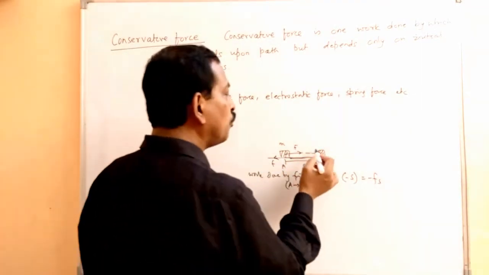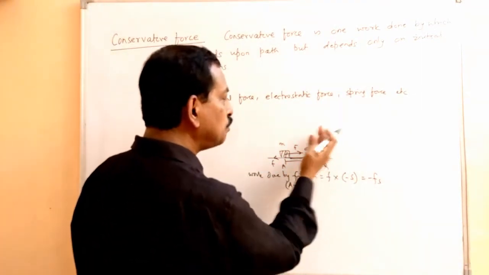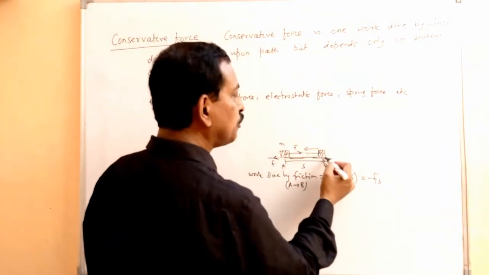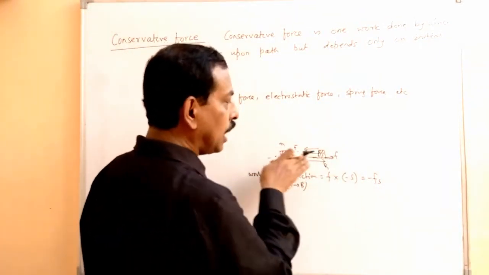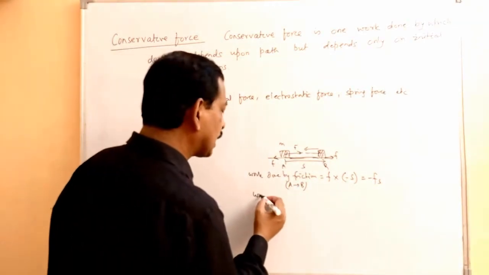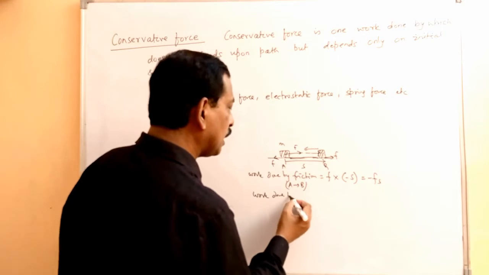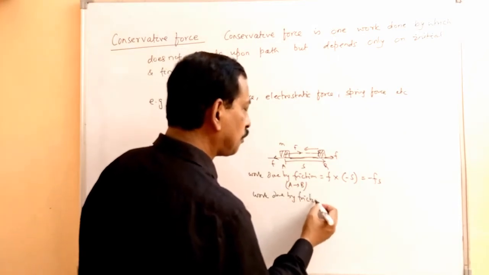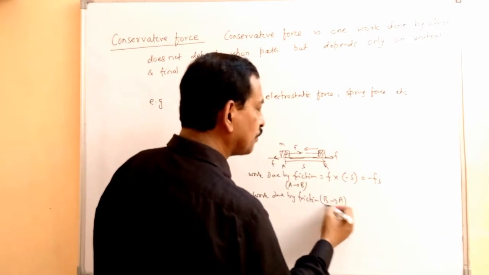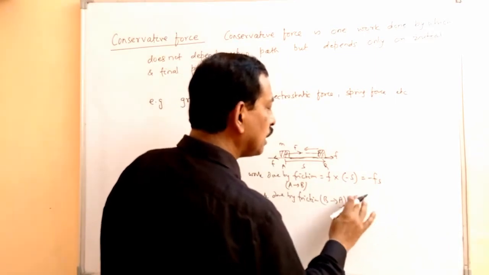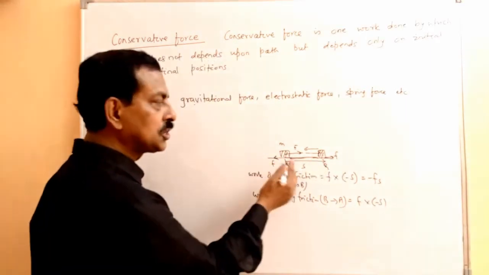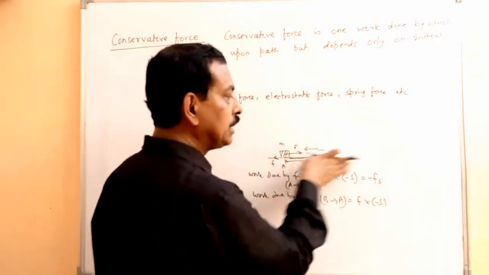And now we are moving this again from B to A. When you are moving it from B to A, in which direction will the frictional force act? Again, in the direction opposite to its motion. So the work done by friction when the movement is from B to A is again f into minus s, because s will now be in this direction and f will be in the opposite direction.